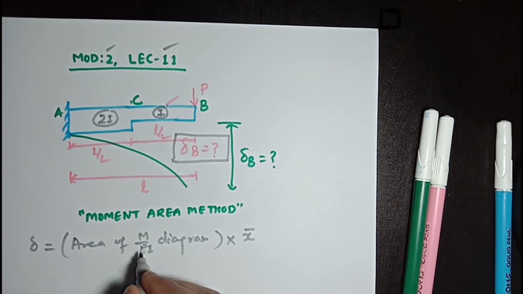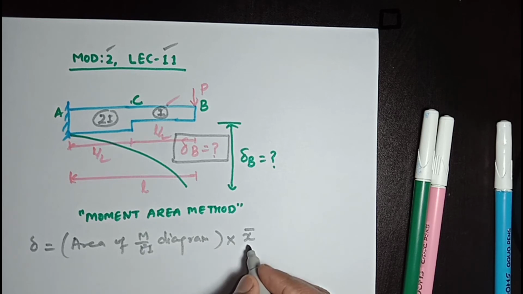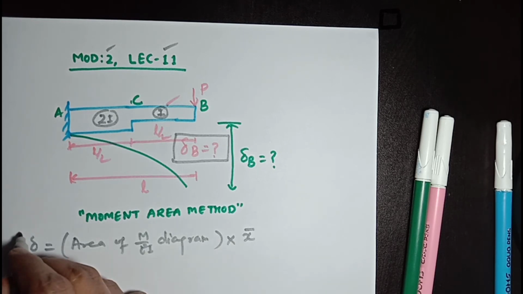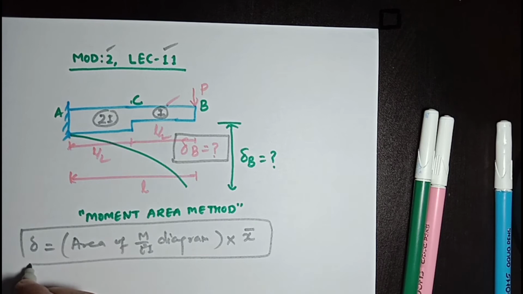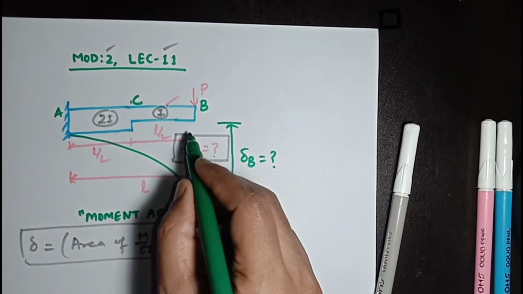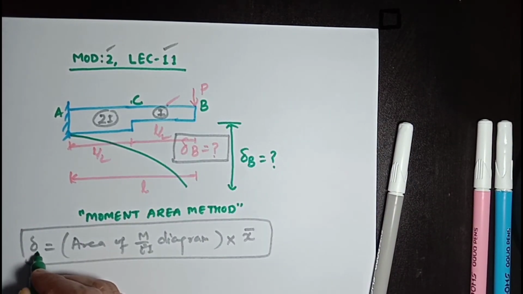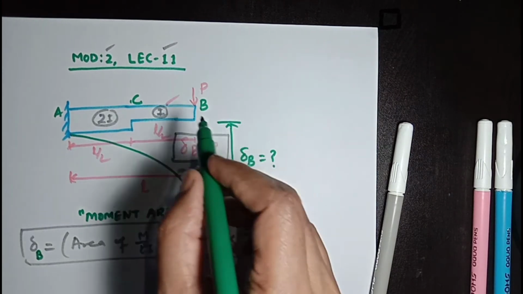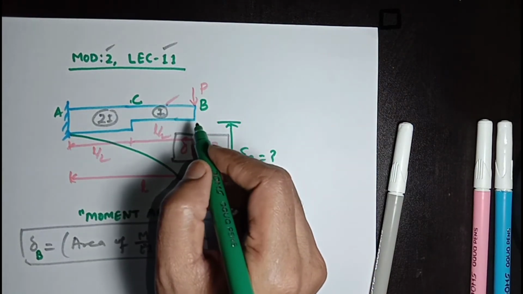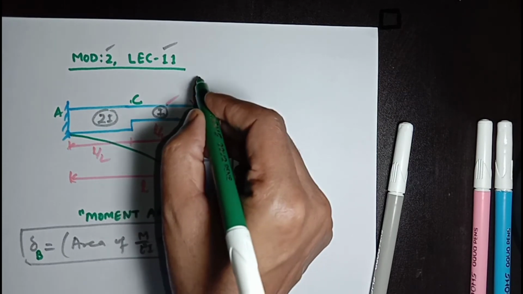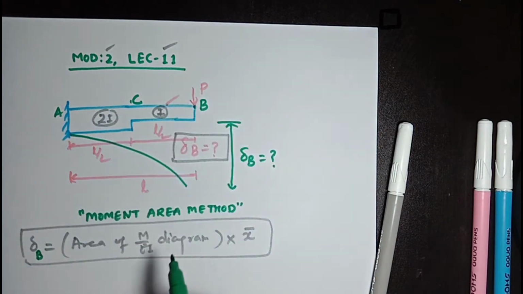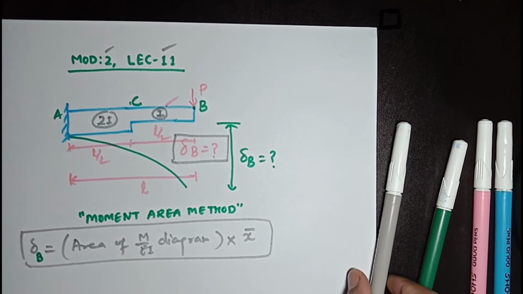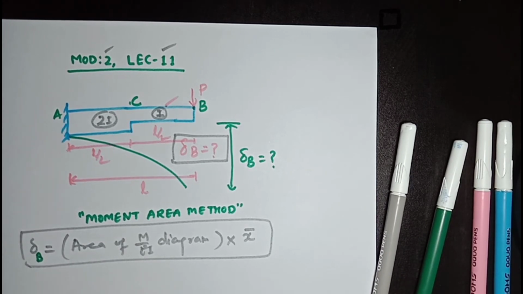It means the area of the M over EI diagram multiplied by the centroid of this M over EI diagram will give delta B. As we are going to find deflection at point B, delta will be delta B, and x bar will be taken from point B. This will be the benchmark, or you can say the reference point B. Now let's proceed to calculate deflection using the moment area method.